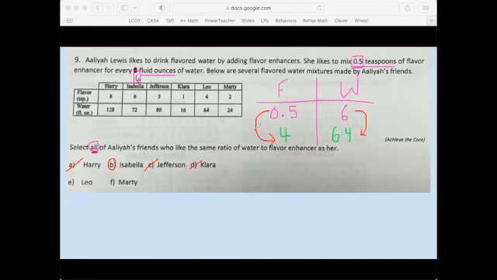What number do I have to multiply by half to get me 4? And that's going to be 8. And if I did that to this quantity, I have to do it to the other quantity. 6 times 8 is 48. So that means the ratio that Aaliyah has is not equivalent to the ratio that Leo has.